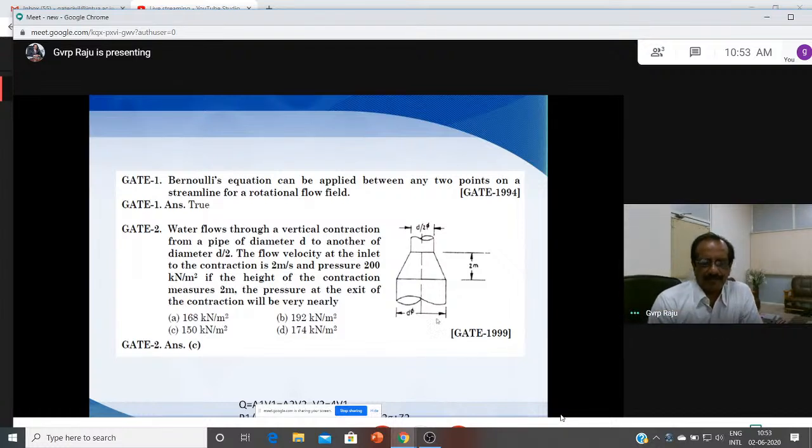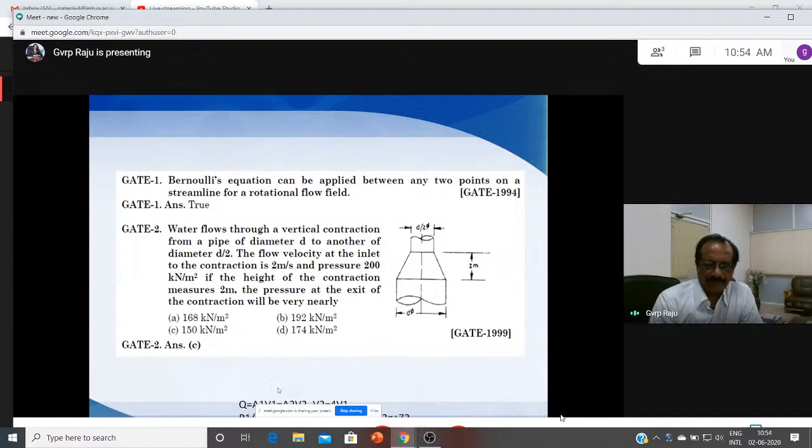So we have a D here, there is a contraction, and the diameter here is D by 2. So the area here is pi D square by 4, and the area here has diameter D by 2. The flow velocity at the inlet.